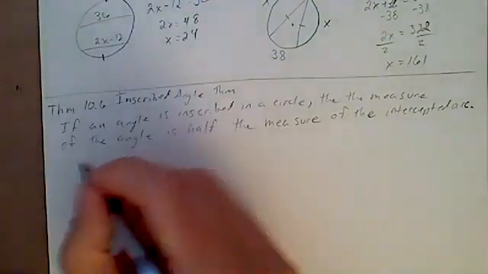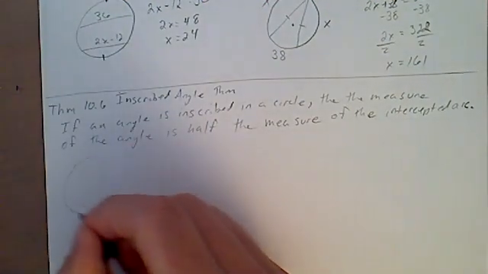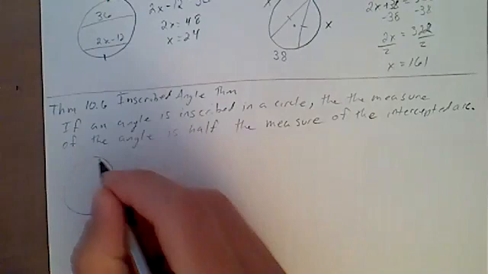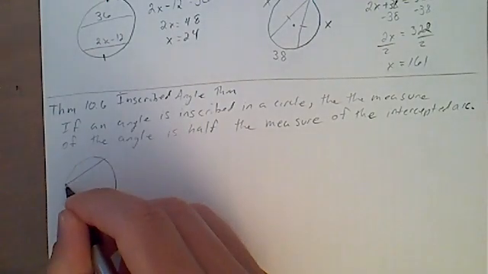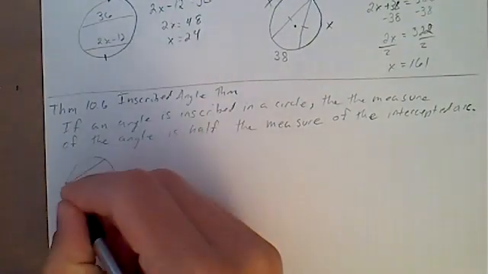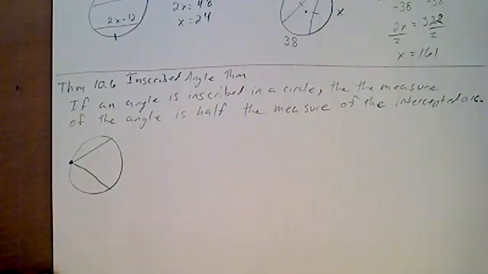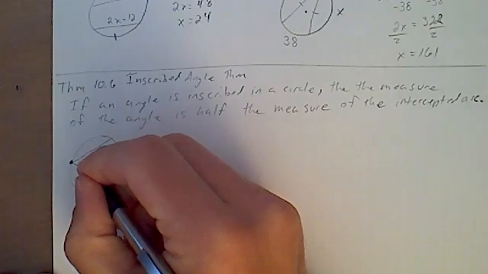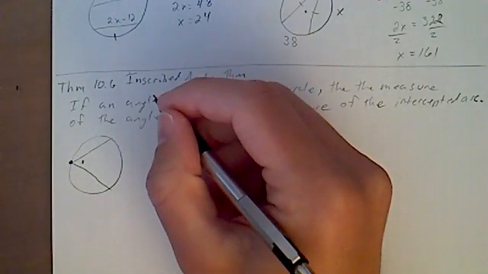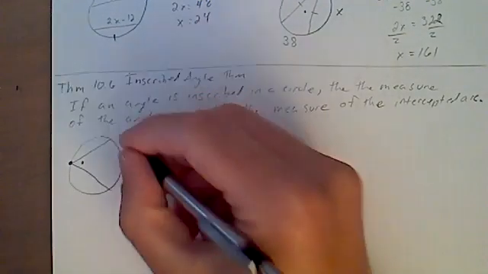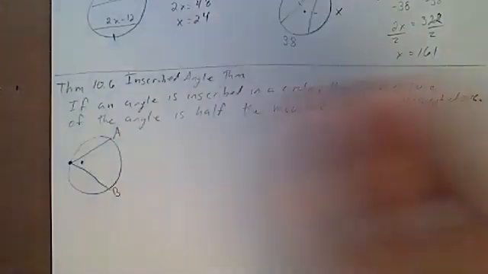All right, so again, just kind of basically what this is saying, an inscribed angle is an angle whose vertex is on the circle, right? So you might have angle 1 here and then arc AB.